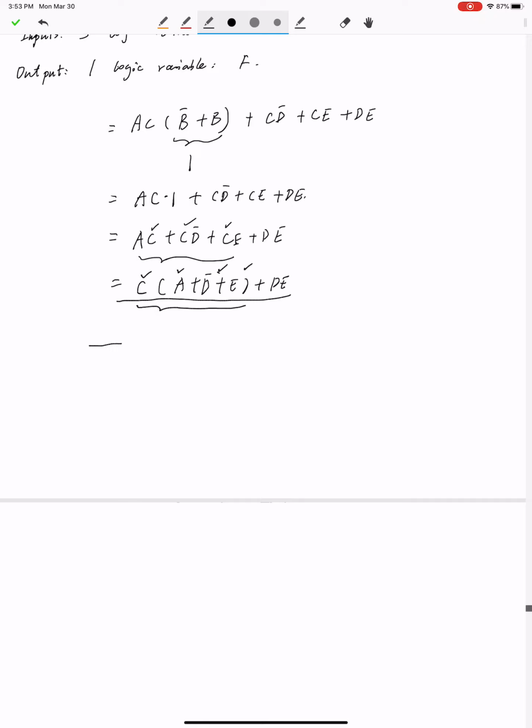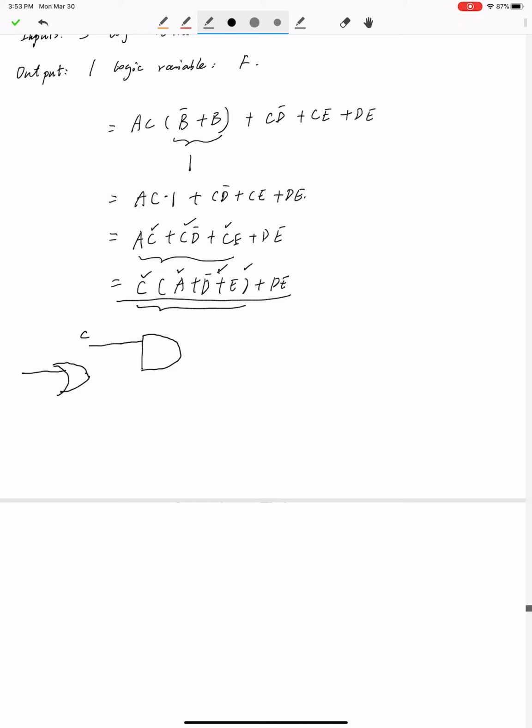So I need input C, right? And C is multiplied with another term, which means I need a logical AND gate because the functionality of an AND gate is multiplication. But before that, I need a logical OR gate to sum 3 terms together.